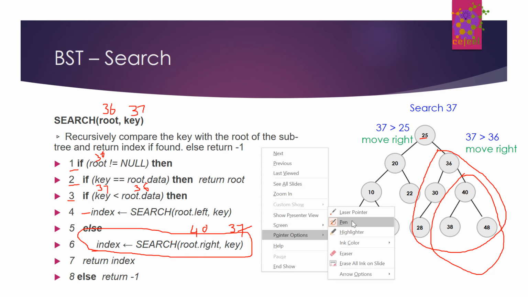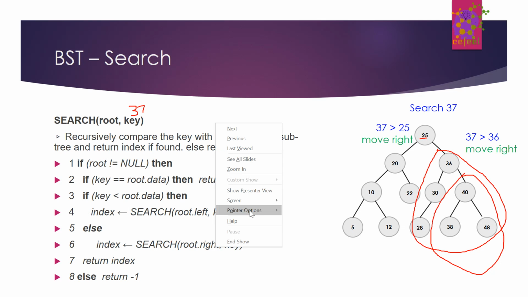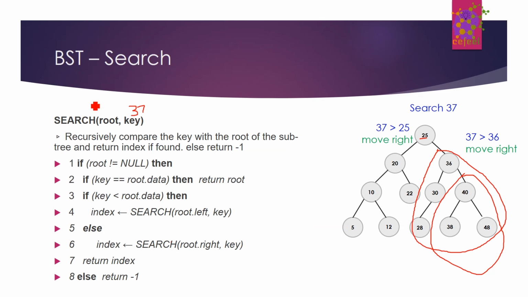So let me clear this again to show how this will look. We will pass 40 here, and this time this condition will fail. Key is less than root.data will be true, because key is 37 and root.data is 40, due to which it will go to step 4 and call the left subtree of 40.